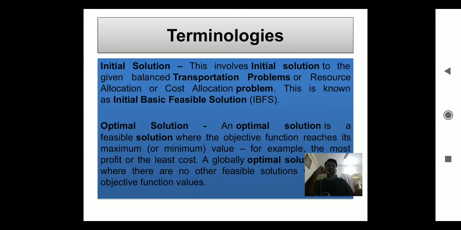The definition: an optimal solution is a feasible solution where the objective function reaches its maximum or minimum value, meaning maximum profit and minimum expenses, for example the most profit or the least cost. A globally optimal solution is one where there is no other feasible solution with better objective function values. Some problems have multiple solutions, but the optimal solution is the one with the single cost. Thank you very much.